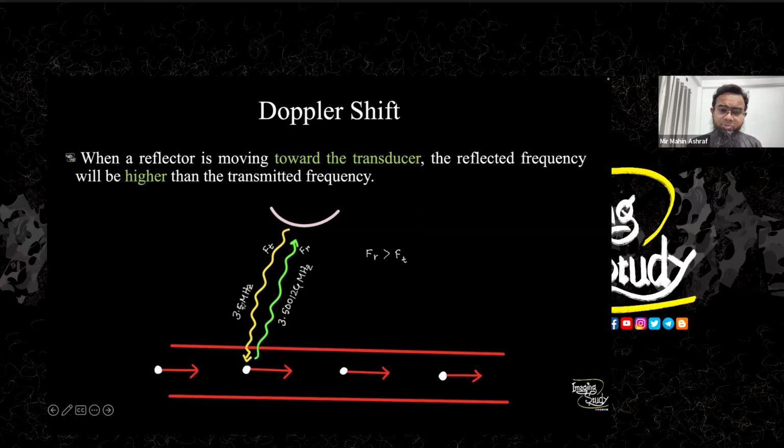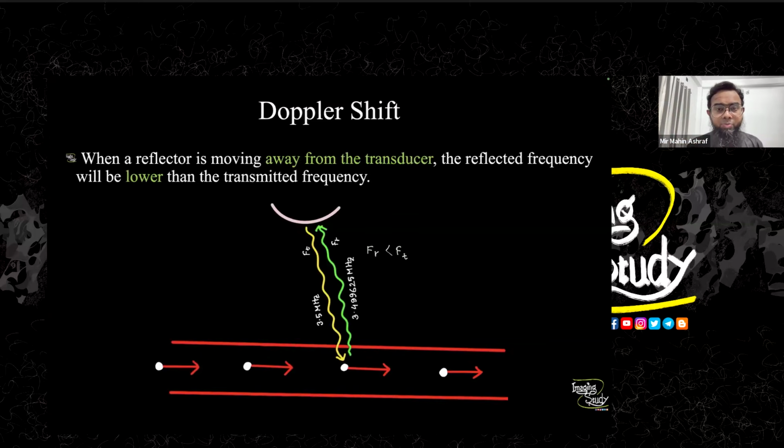Like you transmit 3.5 megahertz and you get 3.500 something. So you get an increased frequency. This is called the positive Doppler shift. When you get reflected sound from a structure which is going away from the transducer, the frequency you receive is lower than what you transmitted. Like you put in 3.5 megahertz and you get 3.49 something. This change is called the negative Doppler shift.